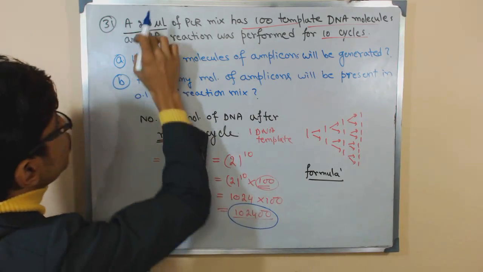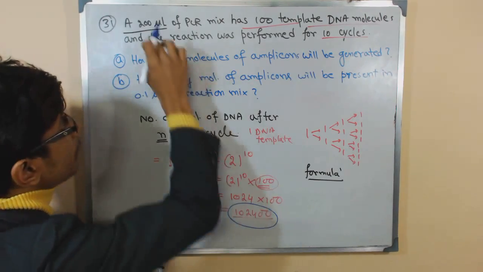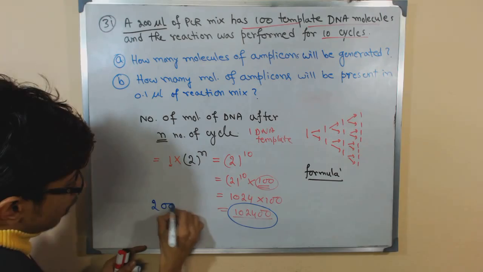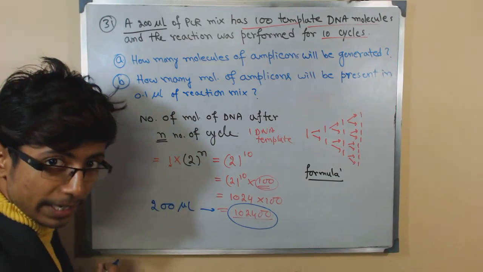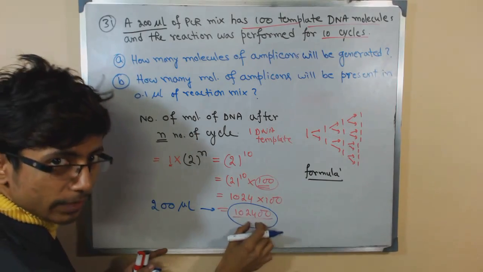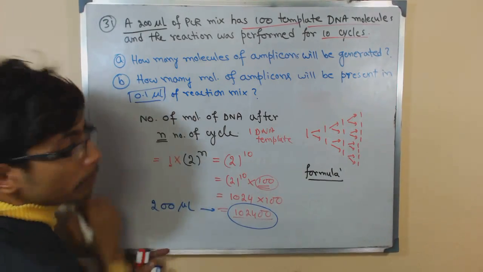So 200 microliter PCR mix contains this number of DNA. Now we need to know the concentration. So what is going to be the number of DNA molecules in 0.1 microliter?